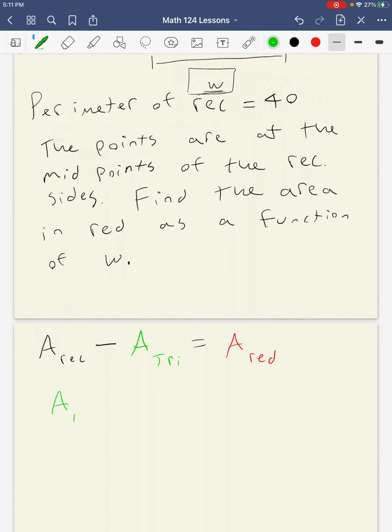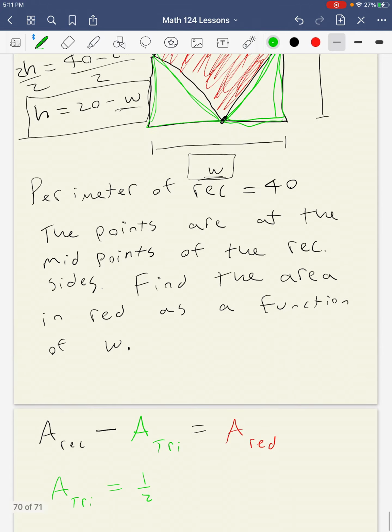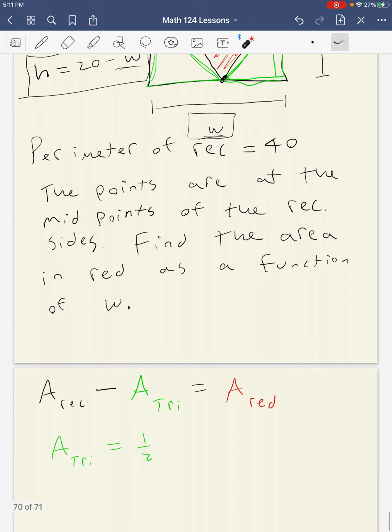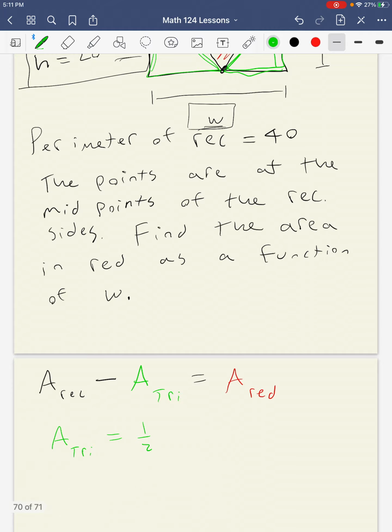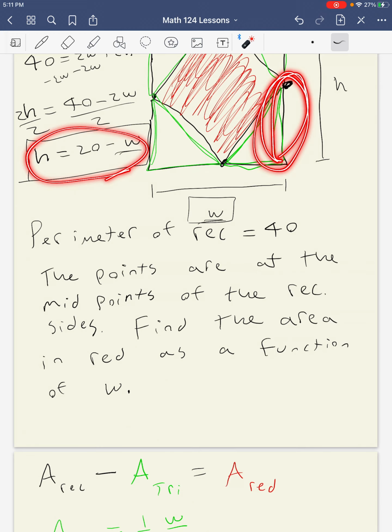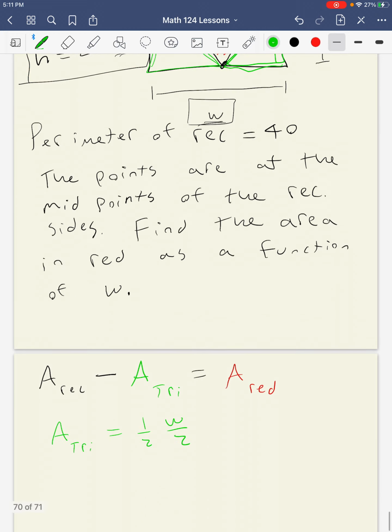Okay, now remember, an area for a triangle is 1/2 base times height. So here's the base, here's the height. Well, in this particular example, the base is half of W, as we can see from the picture here. 1/2 of W. Right, the points are at the midpoints. And then we cut this height in half, and that will be the height of a triangle.